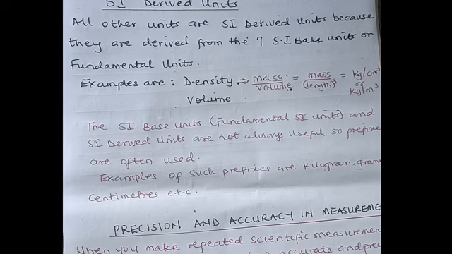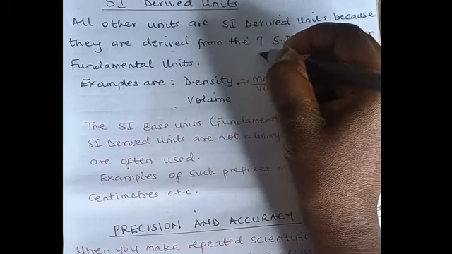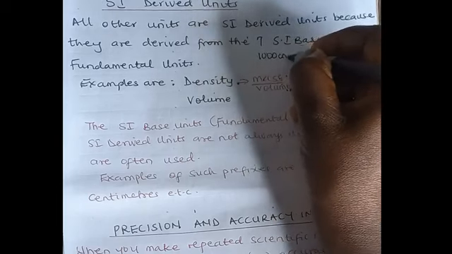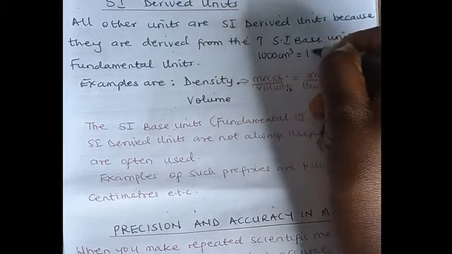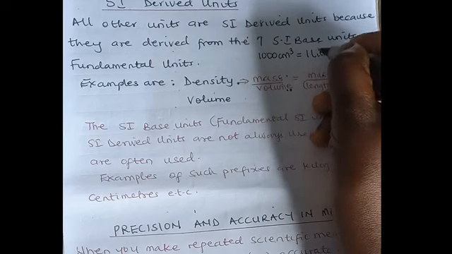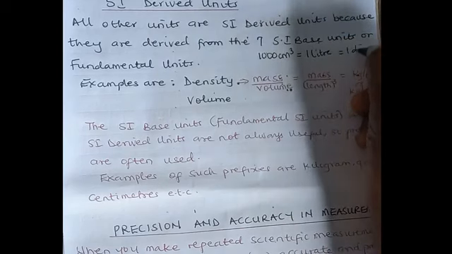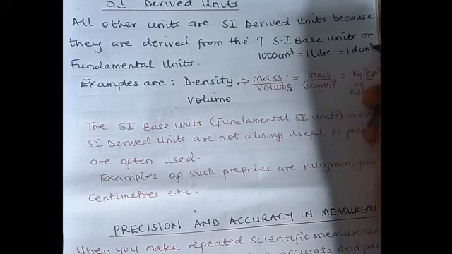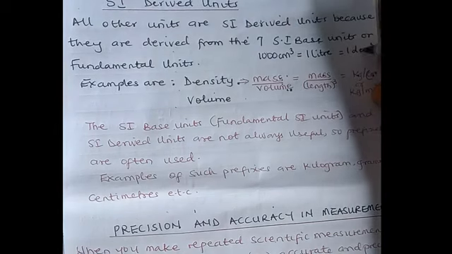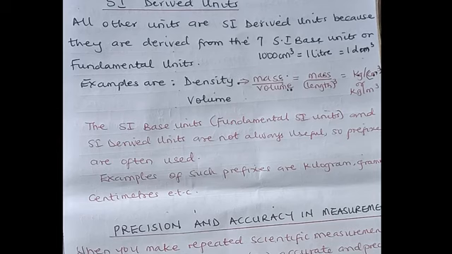So using this, or let's say volume is in liters. But when it comes to liquid, 1000 centimeter cube is also 1 liter, which is 1 decimeter cube, 1 dm cube. So it means that volume can also be represented as centimeter cube.